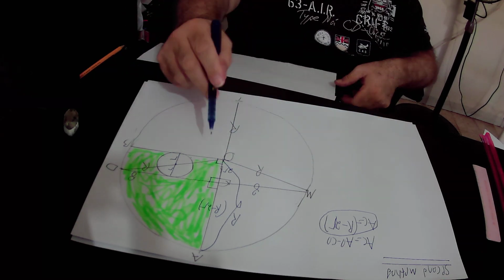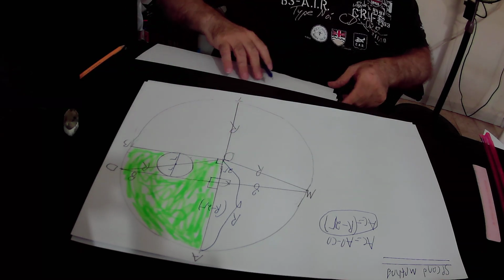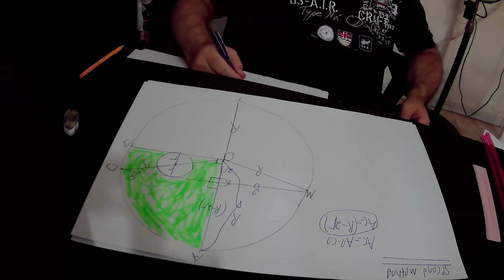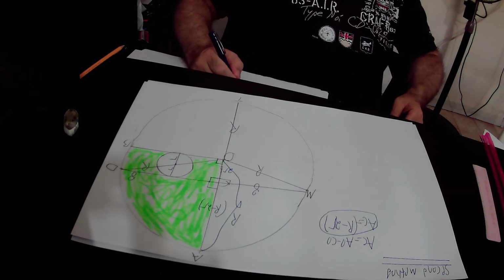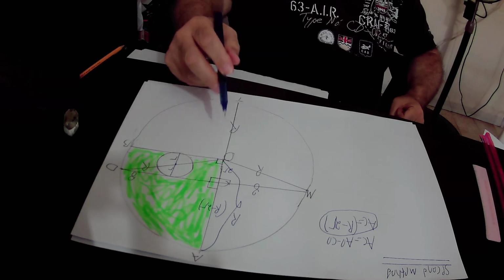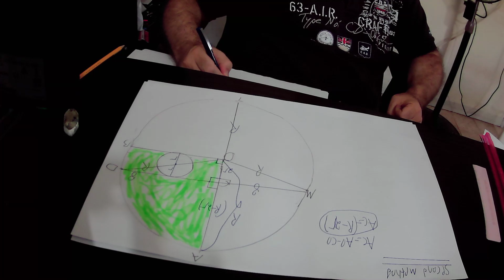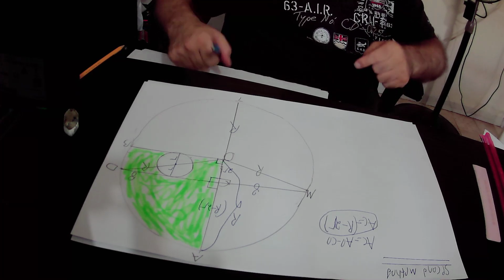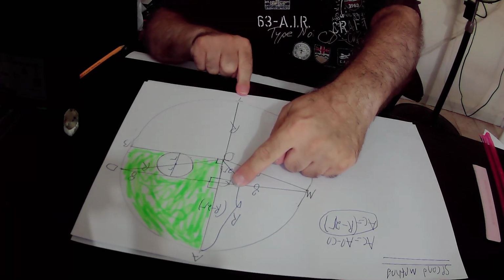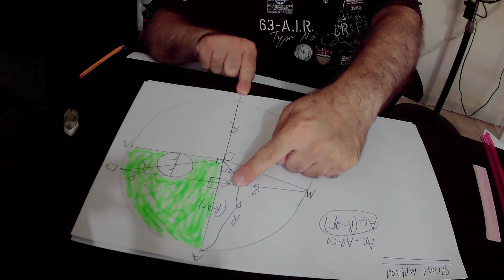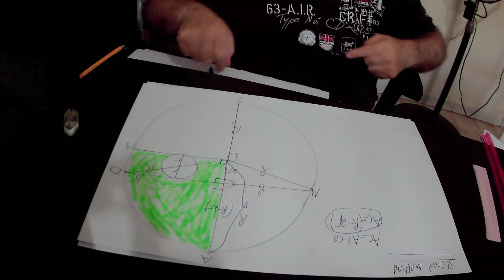MC is 8, CD is 8, so MC times CD is 8 times 8, that is 64. That is equal to AC, which is capital R minus 2R, times CT. What is the value of CT? CT equals 2R plus capital R.